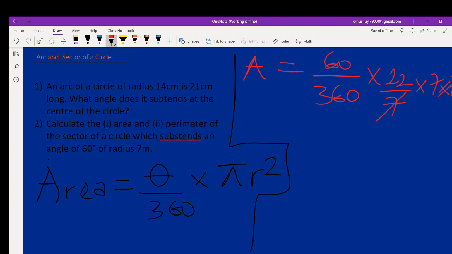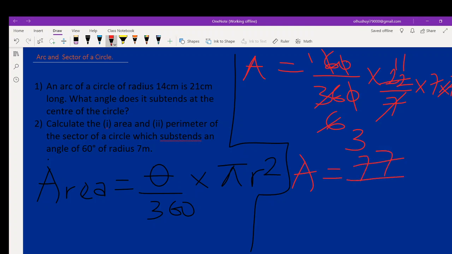This cancels out this. 6 here 1, 6 here 6. What do we have left? 2 here 3, 2 here 11.